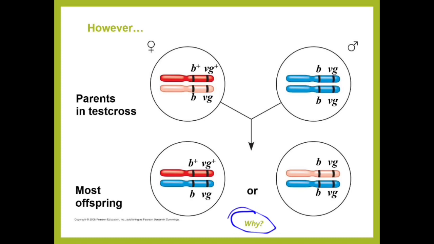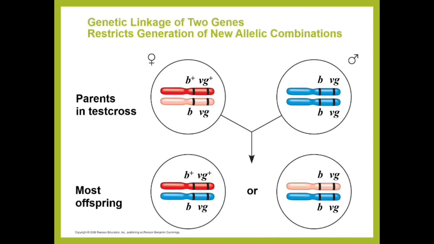It turns out it's because the genes are on the same chromosome, and when we say that, that means they're linked. If one is going to change, it's going to drag the other one with it. So if we change the assortment of the body allele, we're going to change the assortment of the wing allele. Hopefully that makes some sense.